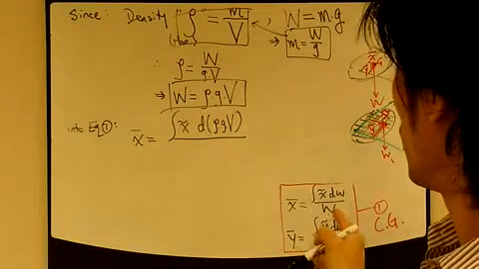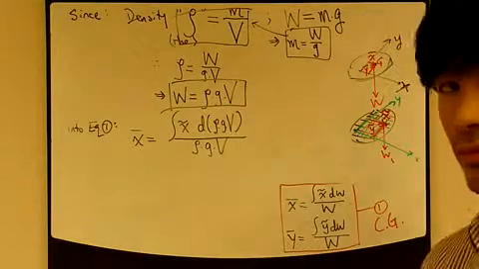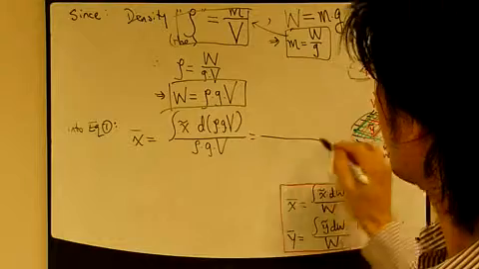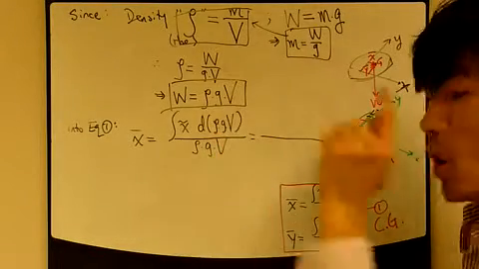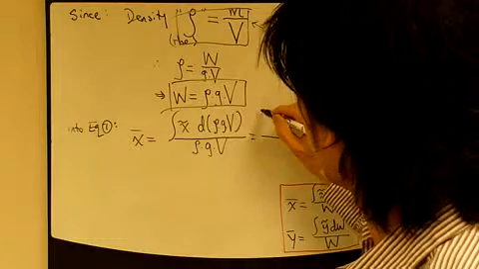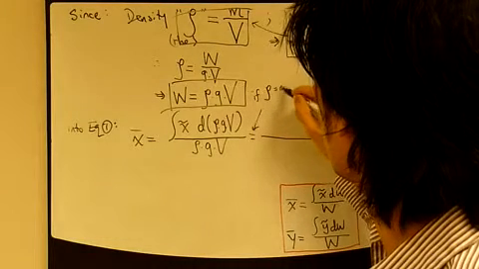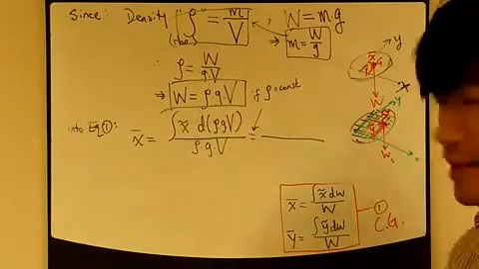And then the weight itself is rho times g times v. Keep going. Now, if rho is a constant, if rho equals constant, that is the key.